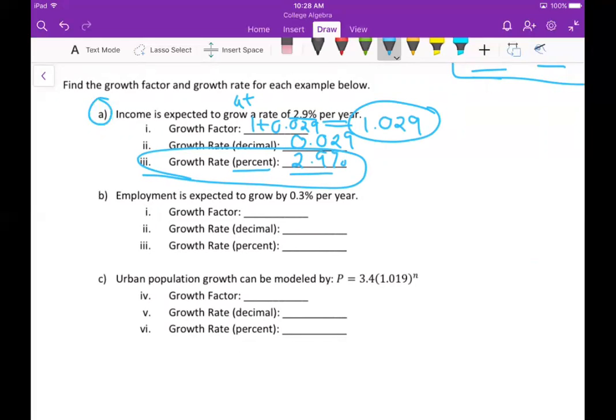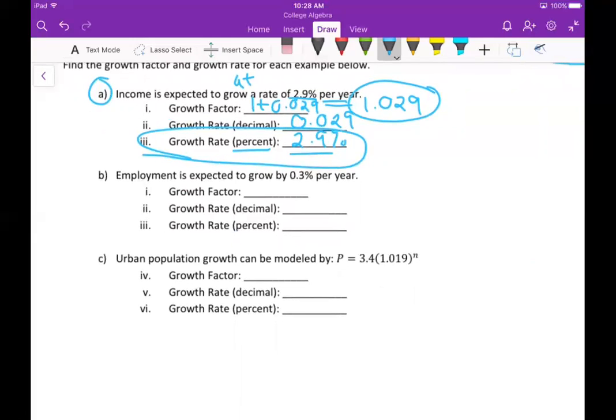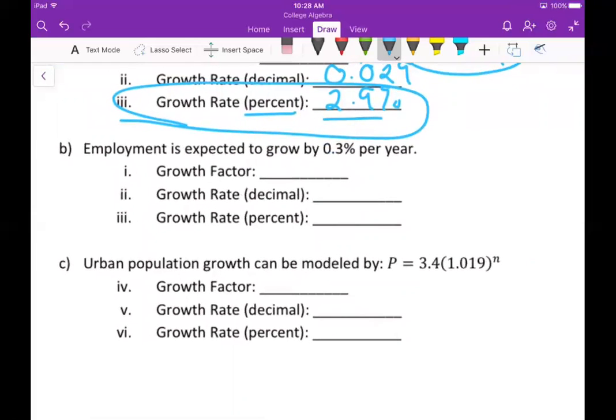All right, see if you can do that next one. This one says that employment is expected to grow by 0.3% per year. Again, we see a percentage, so we're looking at the growth rate of 0.3%.